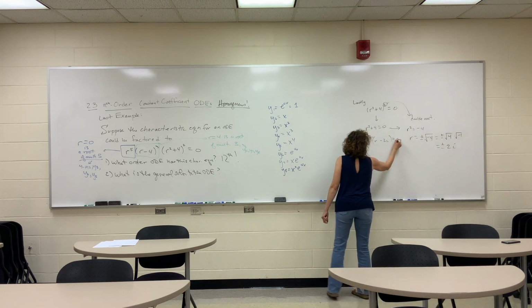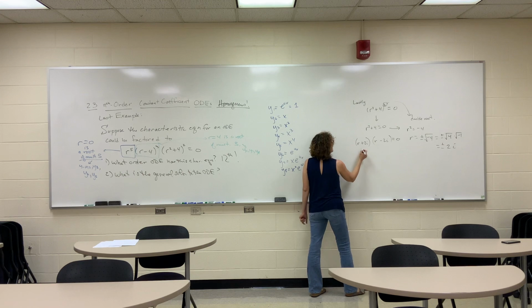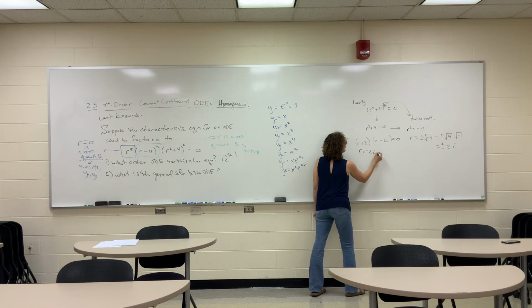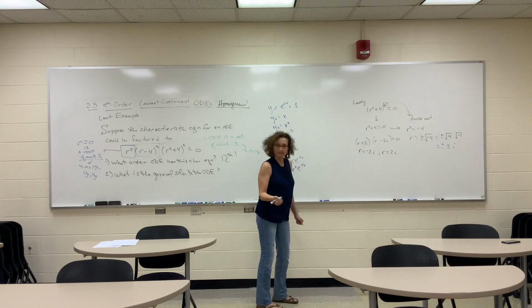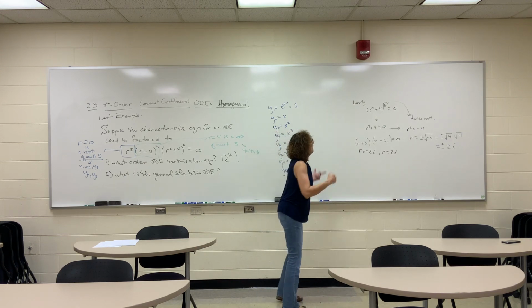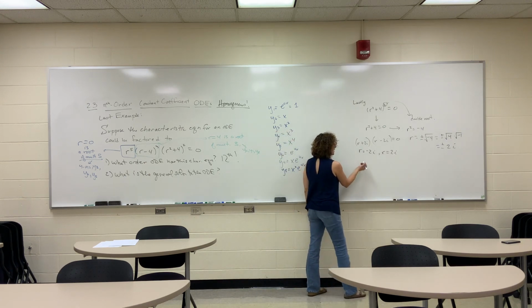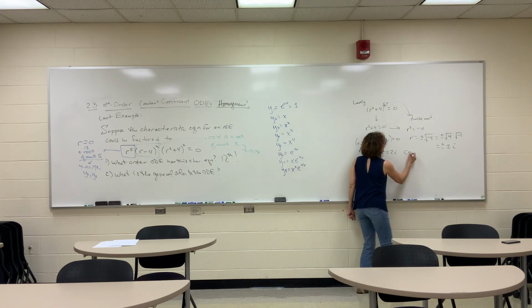Which we also get from the factoring. So r is negative 2i and r is plus 2i, right? Okay, either way. Regardless, what do we know? These are complex conjugate roots.